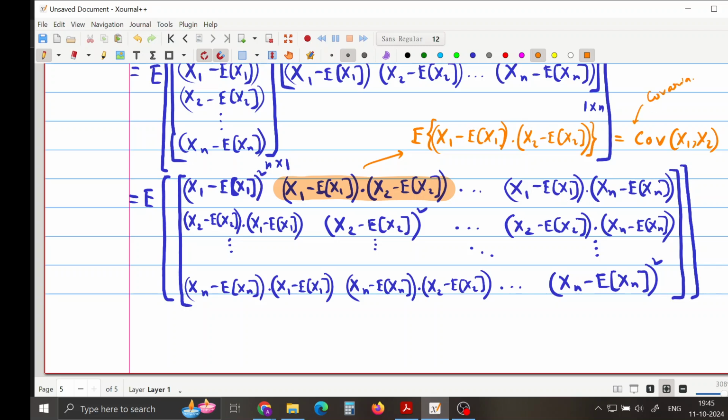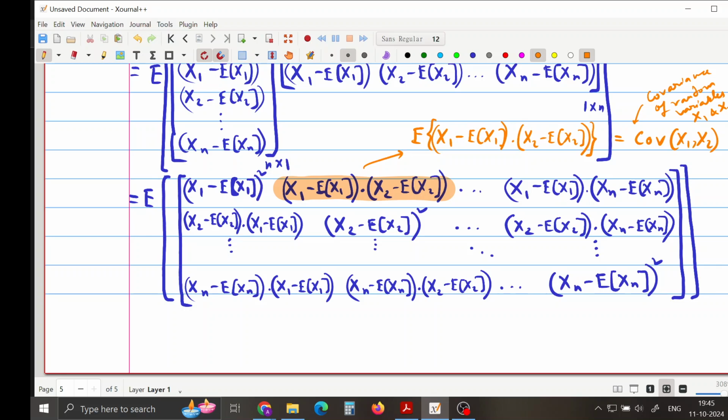Covariance of random variables, not random vectors, because we don't have a transpose here, right? And similarly you can do it for the rest of the off diagonal entries.